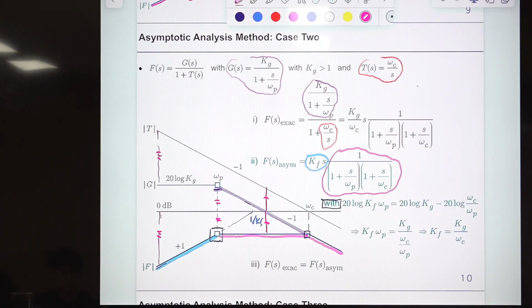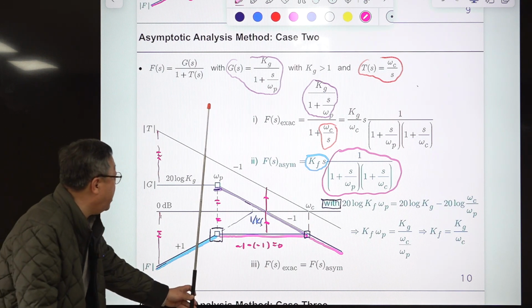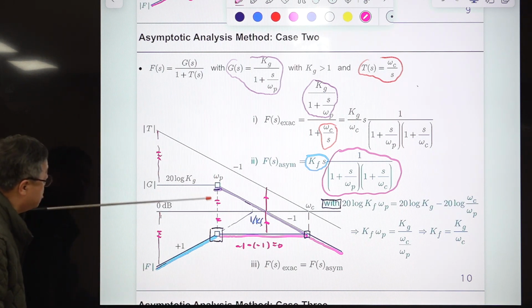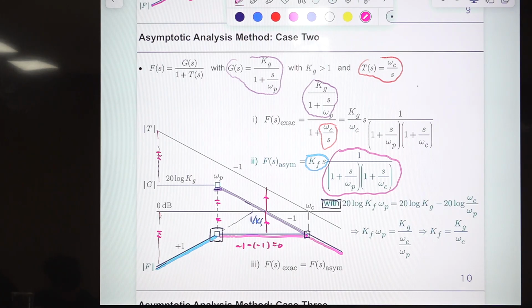So in this part, -1 minus -1 is 0. 0 means a horizontal line, and in this part, slope here is 0, right? 0 minus -1 is +1, so slope is increasing. Okay, so this is one way.